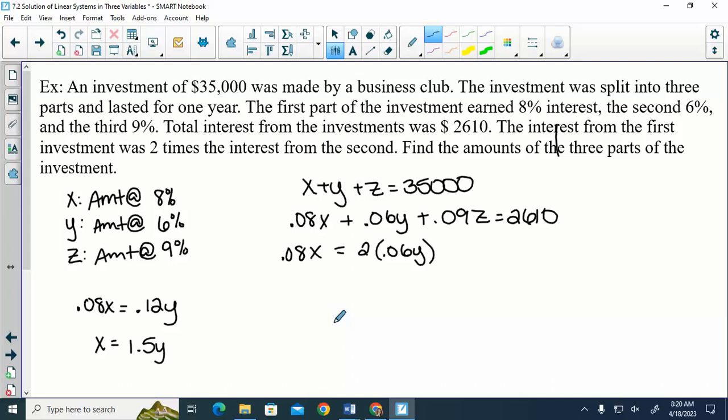It might be slightly less work if we eliminate first. So we don't want to eliminate the x. Since this has x and y, it doesn't have z, let's eliminate the z. So to do that, I'd have to take the first one times a negative 0.09, and I'm going to put that with the second one.